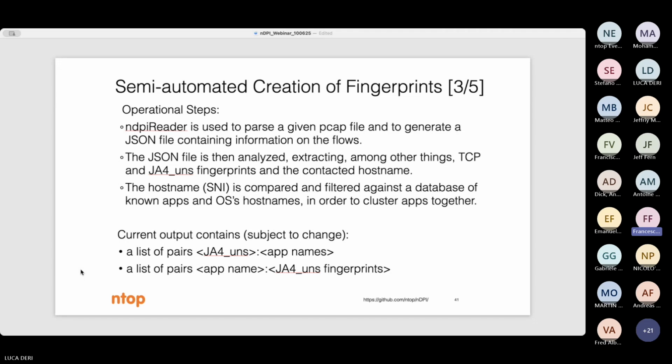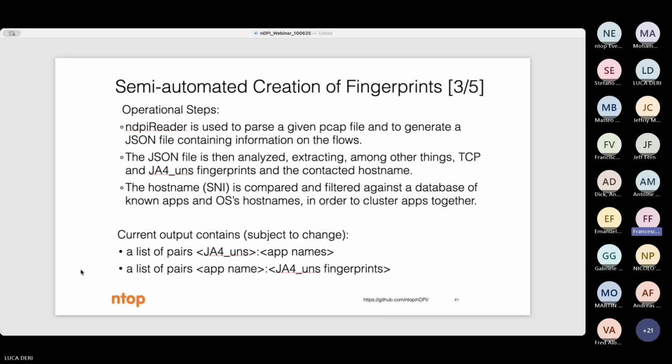I'm then looking at the generated JSON file, and I'm extracting from it some useful information, for example, the TCP fingerprint and the JA4 fingerprint that I use in its unsorted version. And I also look at the host name. This information is used to filter, and I remove all the host names that are background noise, for example, that are contacted by the OS and are not related to any app.